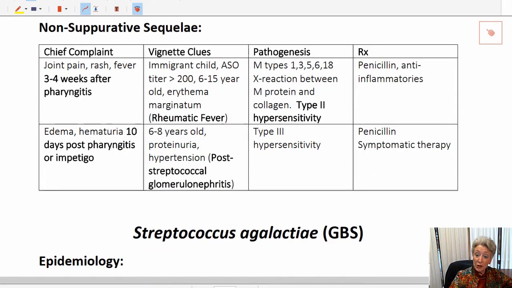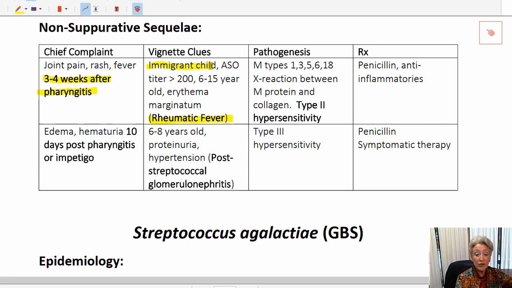We talked about the non-suppurative sequelae of Streptococcus as we went through the immunology chapter on hypersensitivities. Remember that when I have streptococcal rheumatic fever, my problem is going to occur about 3 to 4 weeks after the pharyngitis.